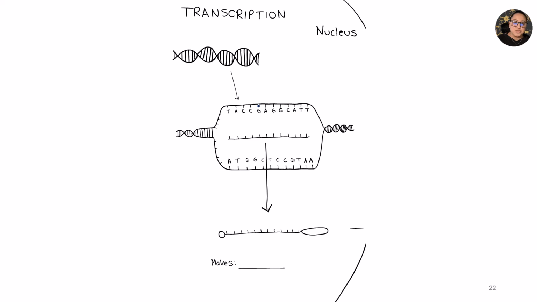And so this is representing transcription. You take one DNA molecule and you unzip it in a specific region. And then one strand is going to be read, as in it's going to be read to write something. So this is going to be the template strand, the one up top.